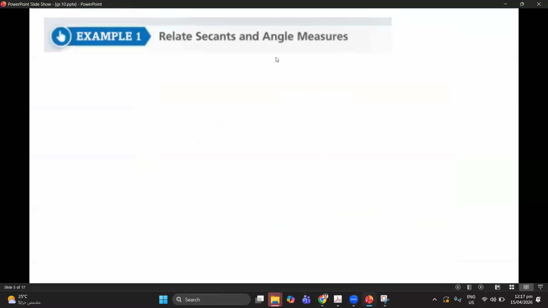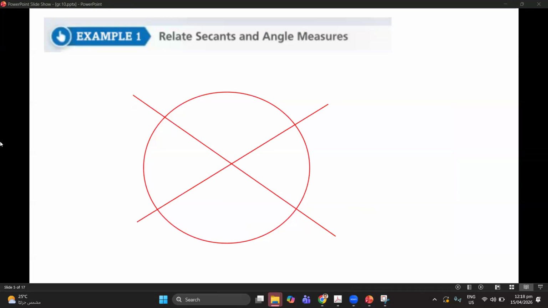We say that if I have one circle, and inside this circle I have two secants that pass through, intersecting at an angle, which we name angle A. Now I name this point B, here C, here D, and here E.